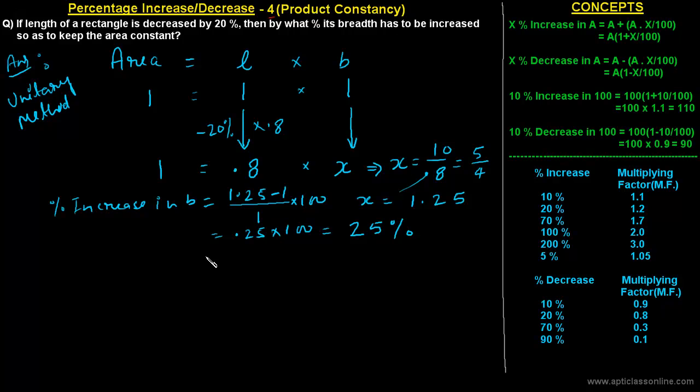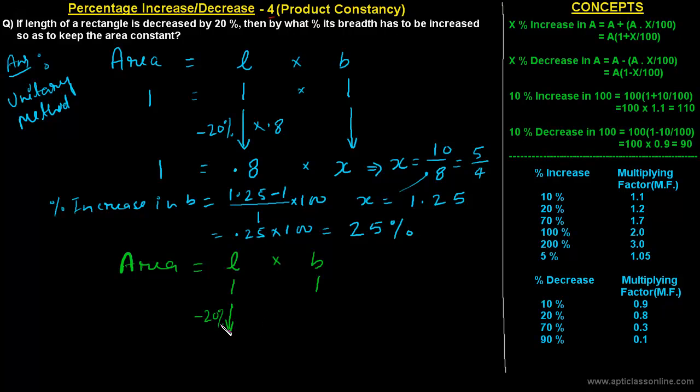We can solve this question also with the use of fraction instead of using decimal. Like as we have seen, area is equal to length into breadth. So both has been assumed as 1 in unitary method, and the length is decreased by 20%.